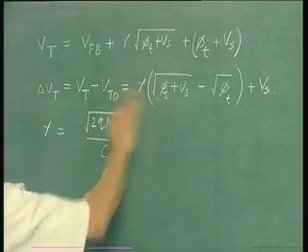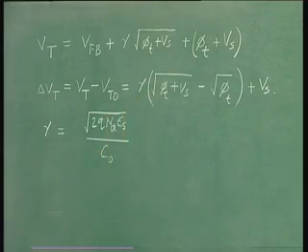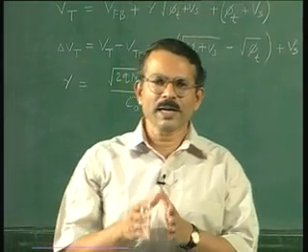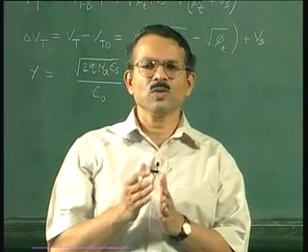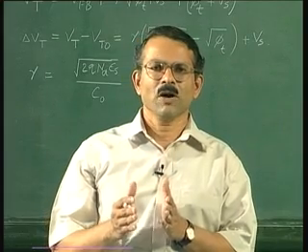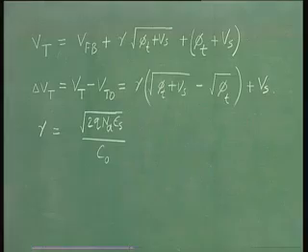So you do not have the flat band voltage term coming in here. This means that for an ideal capacitor and for a real capacitor, the change in the threshold voltage with the source bias, or the body effect, is the same.